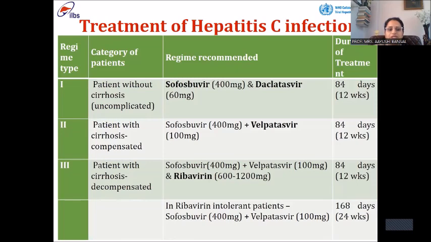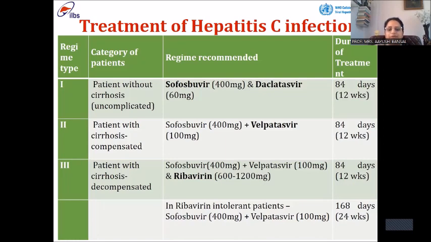The third regimen type is for the category of patient with cirrhosis decompensated. In this, sofosbuvir plus velpatasvir plus ribavirin will be given. Sofosbuvir 400 mg plus velpatasvir 100 mg plus ribavirin 600 to 1200 mg will be given for 84 days, that is 12 weeks.